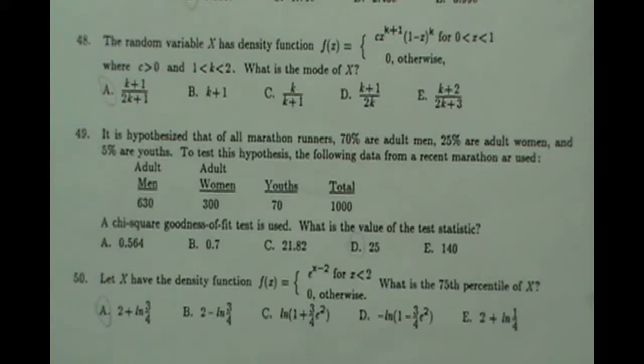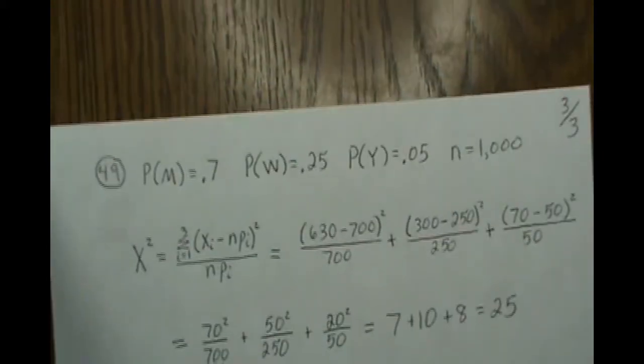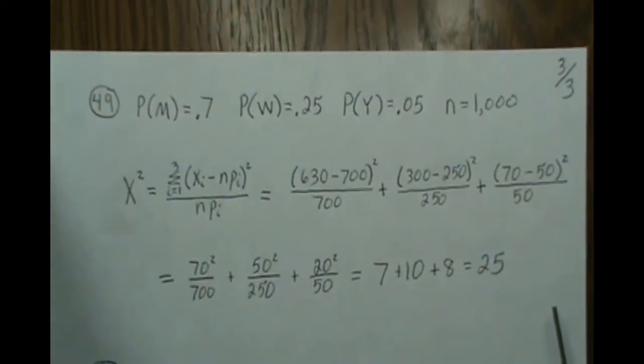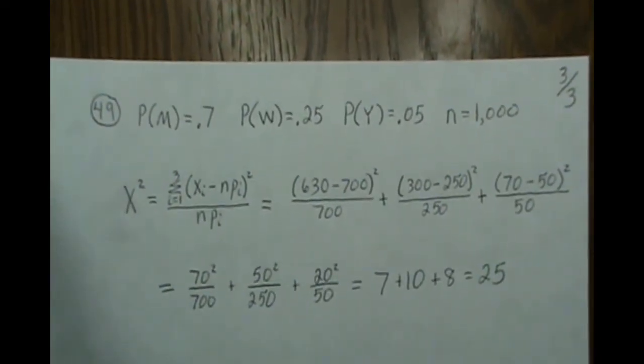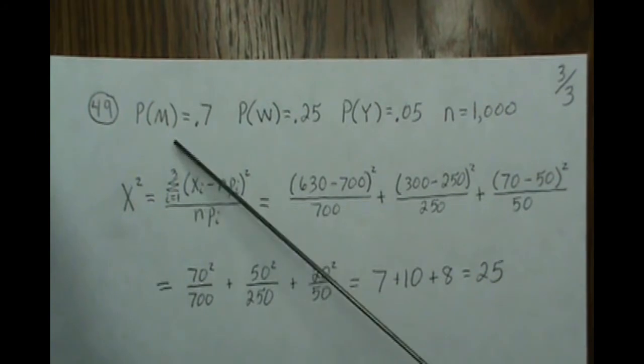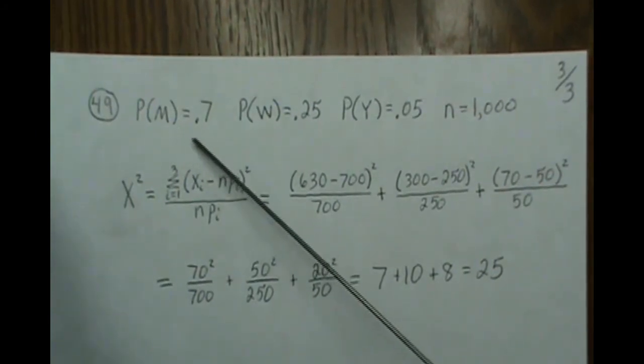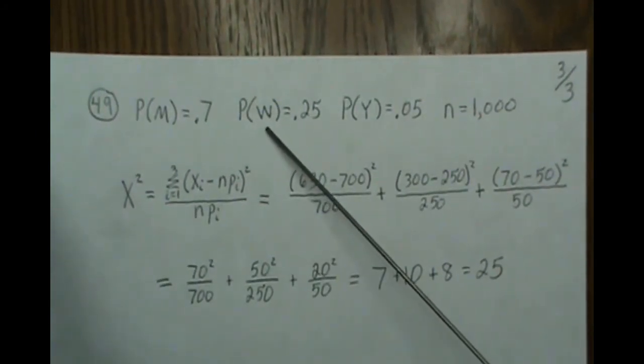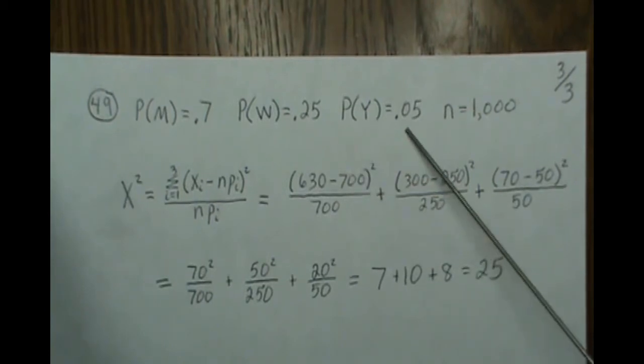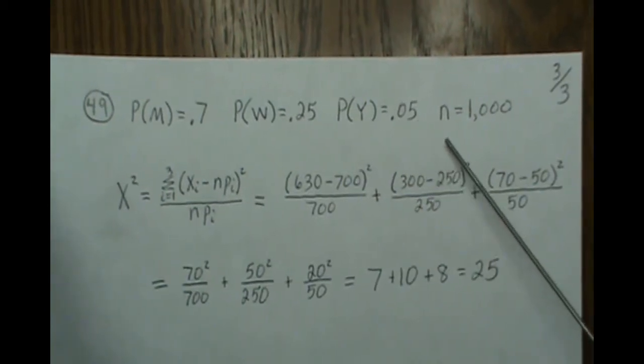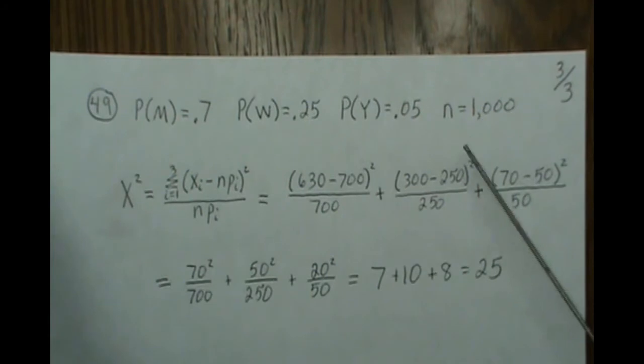A chi-square goodness of fit test is used. What is the value of the test statistic? Number 49, we want to find the value of the chi-square test. So the probability of adult males is 0.7, probability of adult women is 0.25, probability of youth is 0.05, sample size of n.